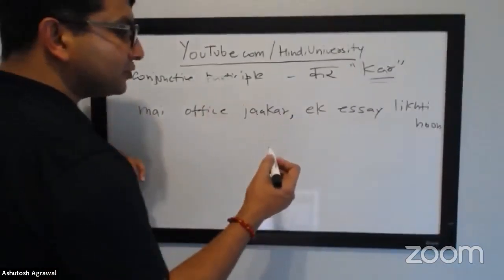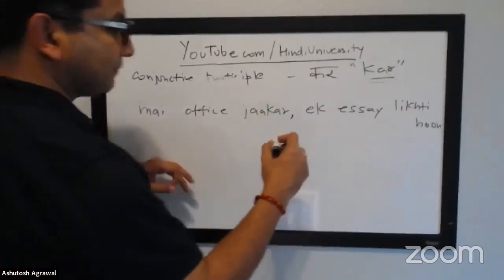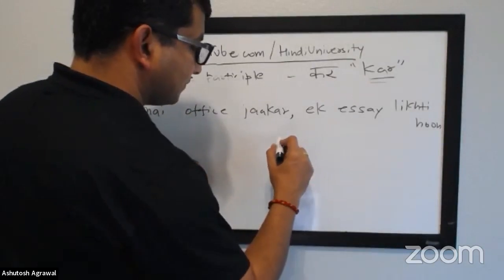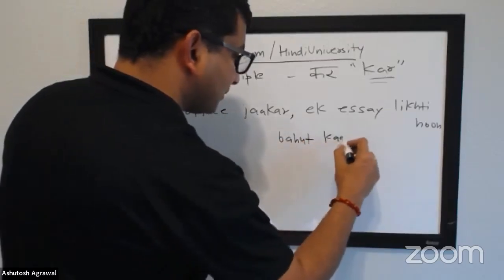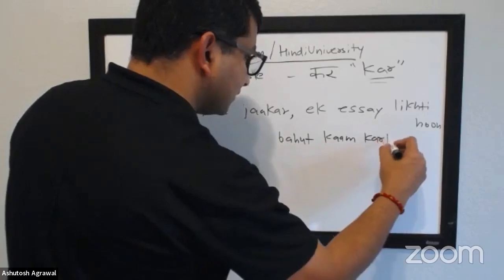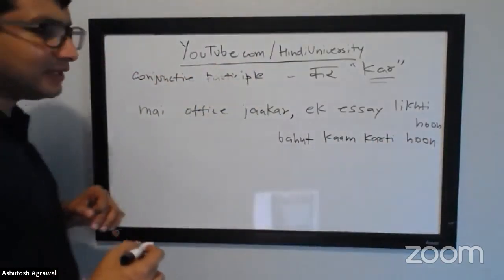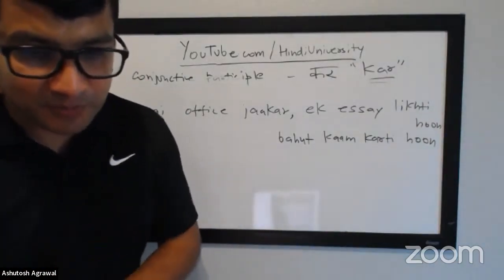Say more, what else do you do, what else can you write? मैं ऑफिस जाकर बहुत काम करती हूँ. Very good, मैं ऑफिस जाकर बहुत काम करती हूँ. Okay, keep going. What else can you think? Anybody else can also, after this sentence you can, we'll have more people, so keep going.